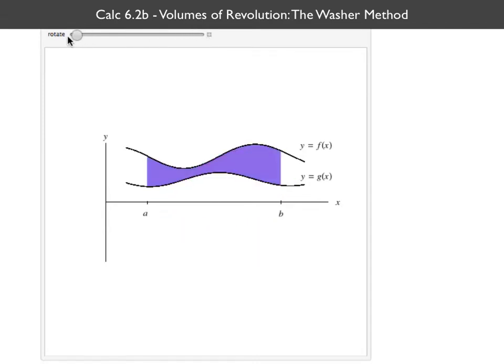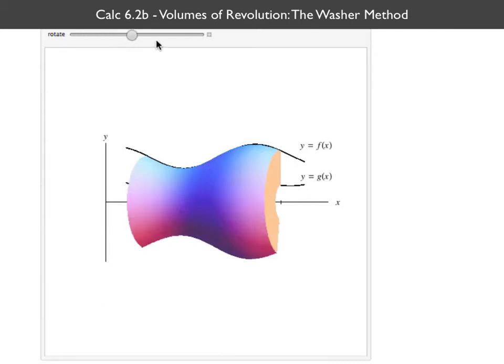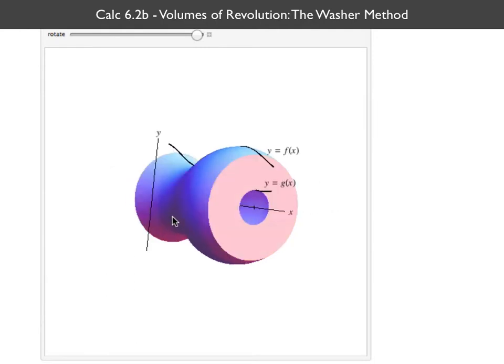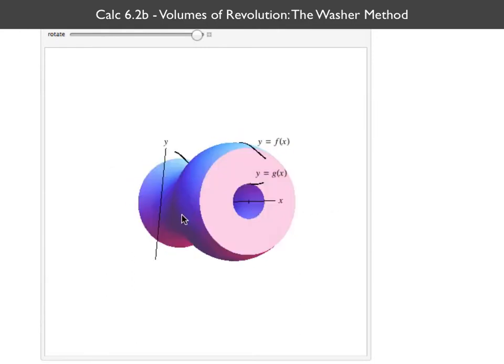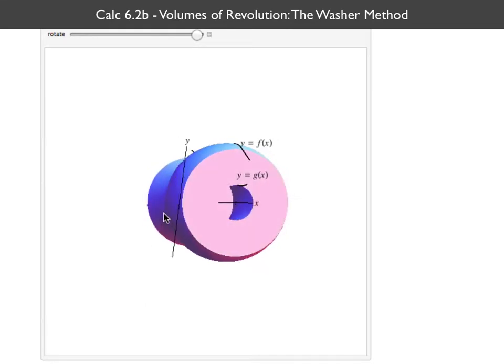If we draw the solid as we go, you can see the solid of revolution that's being created here. And you can see that because our two functions aren't on the axis of revolution, we do get a hole right there in our solid.